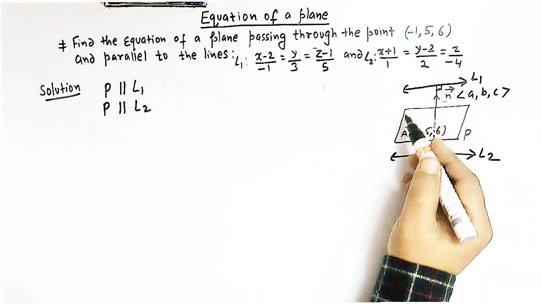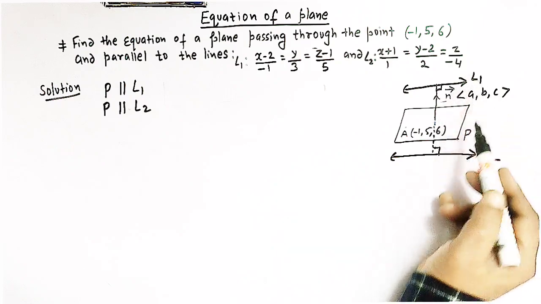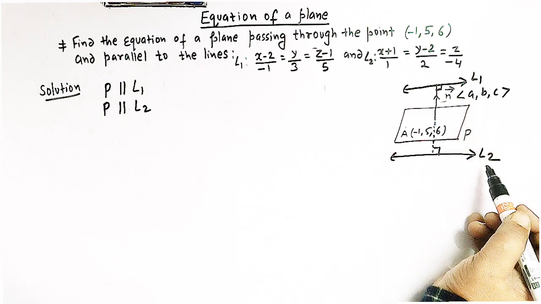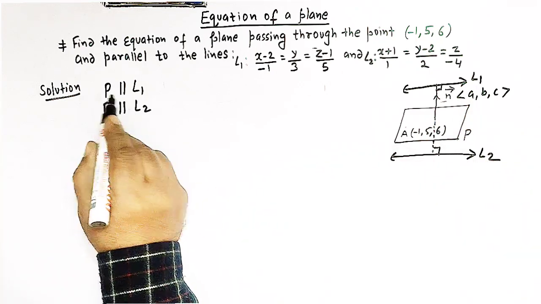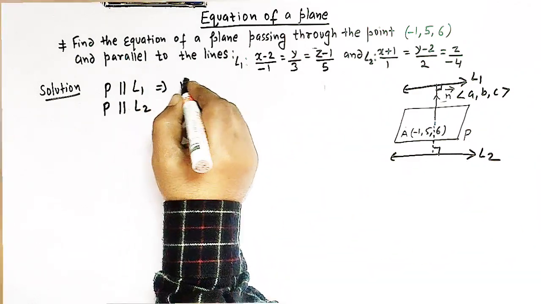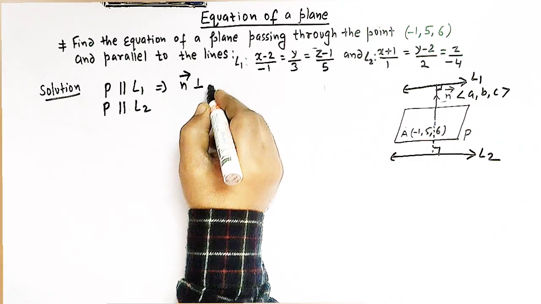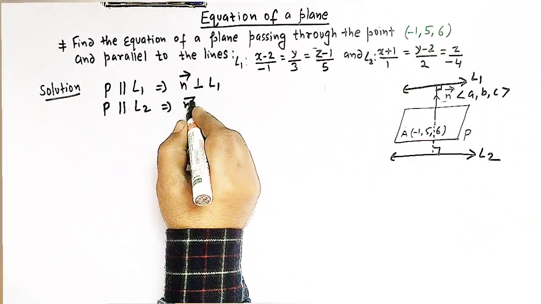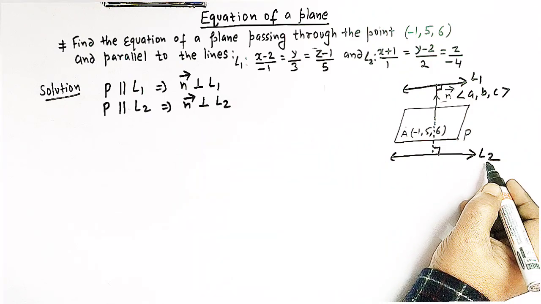So in this case we have the plane P and the two lines L1 and L2, and P is parallel to L1, so the normal vector n is perpendicular to L1, and vector n is also perpendicular to L2.